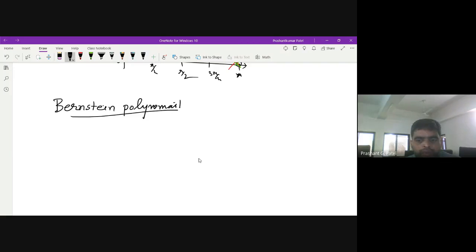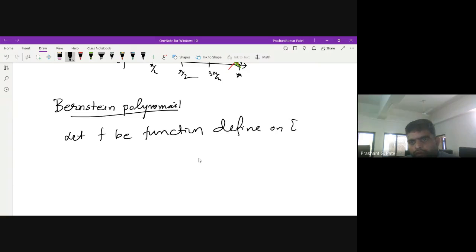The Bernstein polynomial is defined for a function. Let f be a function defined on the closed interval [0, 1].